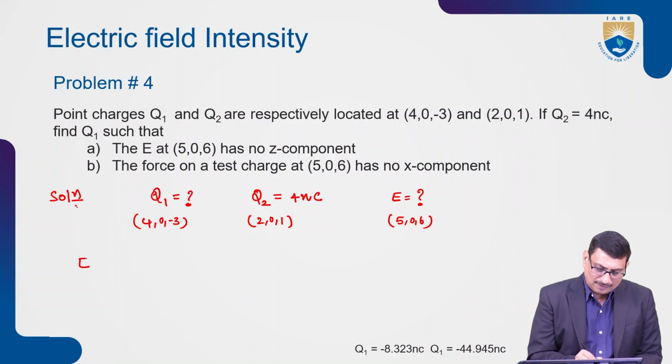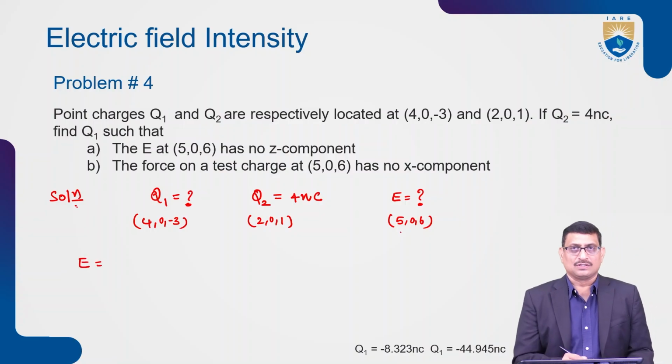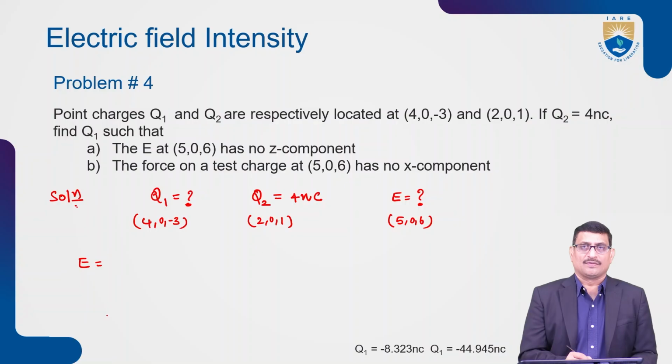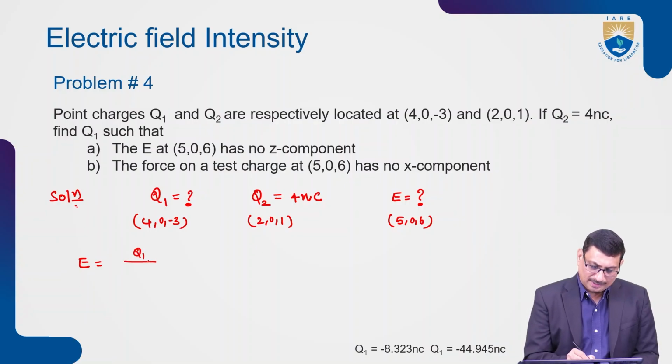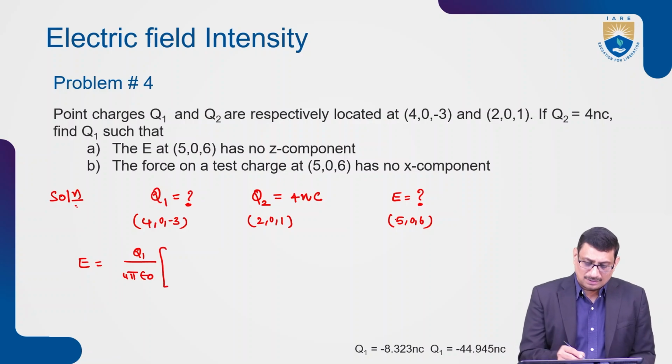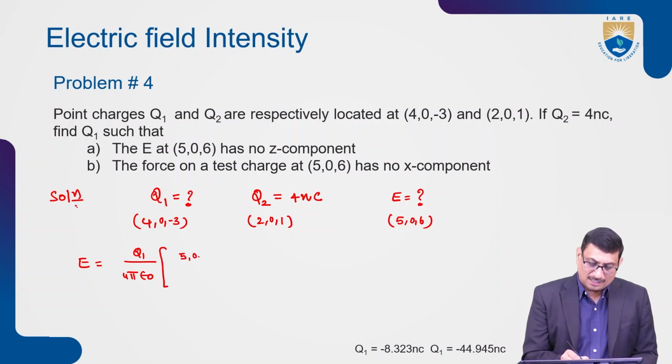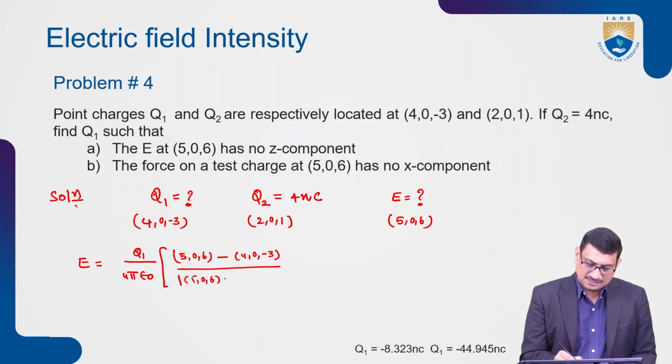The electric field intensity at the point 5, 0, 6 due to Q1 is given by Q1 divided by 4 pi epsilon naught into, where we have to calculate, that is important, 5, 0, 6, minus Q1 which is located at 4, 0, minus 3, divided by magnitude of (5, 0, 6 minus 4, 0, minus 3) whole cube.